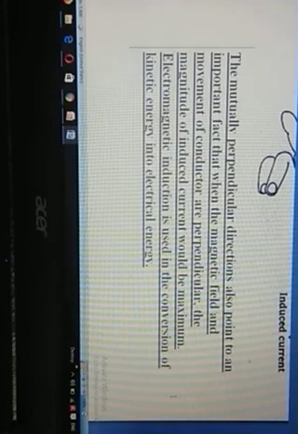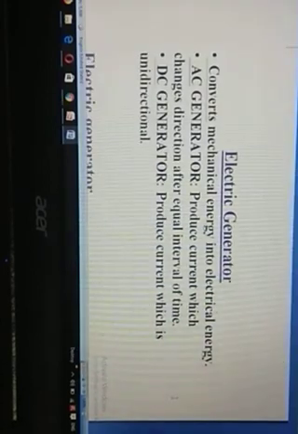We can use electromagnetic induction in the conversion of kinetic energy into electrical energy.